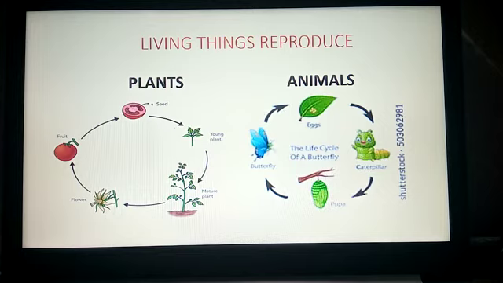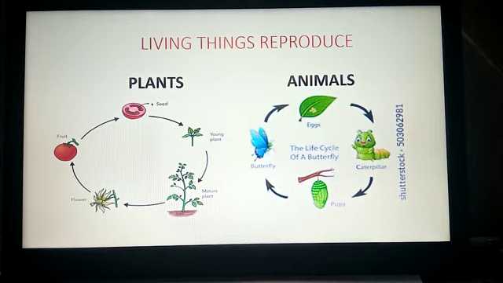In the same way, some plants will reproduce through seeds. You have learnt this in your earlier classes. And there are some plants which reproduce through vegetative reproduction, that is vegetative propagation, either through the stem or the roots or the leaves, right?